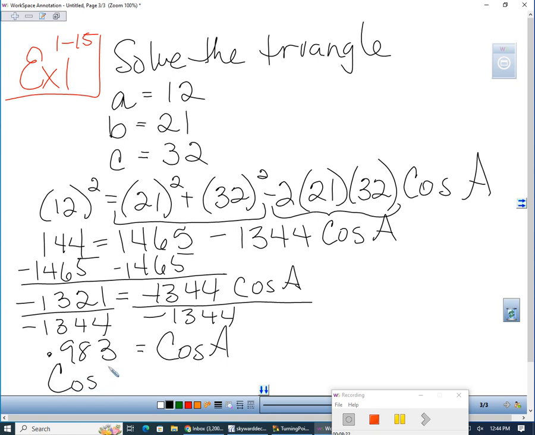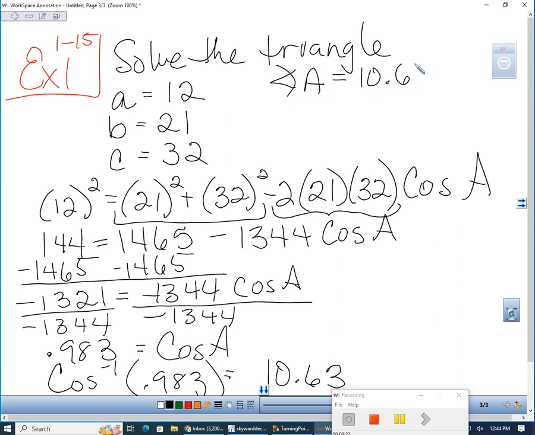So cosine inverse of 0.983. 10.6362 is angle A. So now that I have an angle, I can go back to the law of sines, because now I can do a ratio to find the rest of them. Okay?